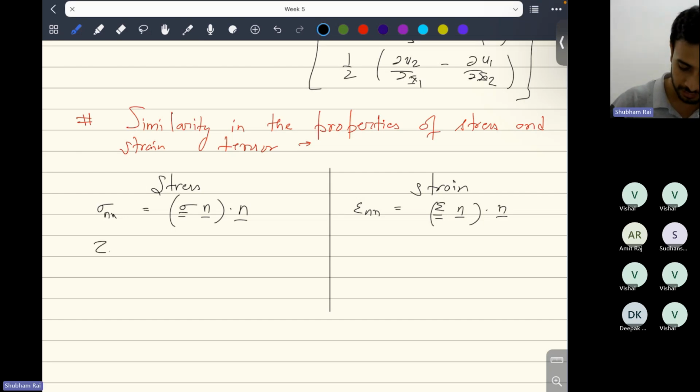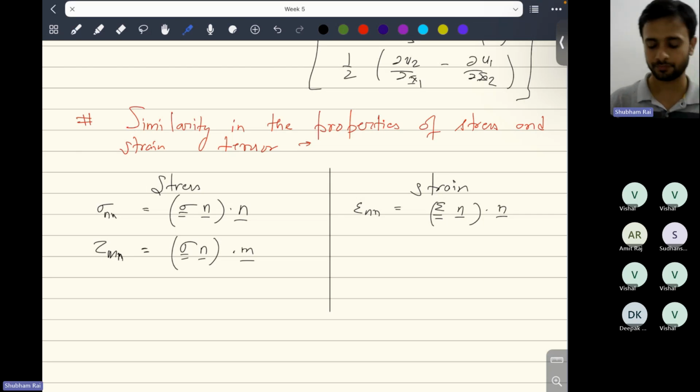Then you have shear stress tau mn, which was given by sigma n dot m. Again, this was the plane normal, and this was the direction in which you wanted to find the shear stress.